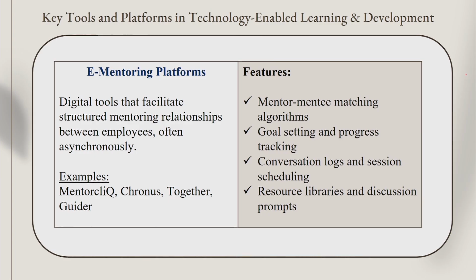You see features like mentor-mentee matching algorithms, goal setting and progress tracking, conversation logs and session scheduling, and even resource libraries and discussion prompts. Some typical examples of e-mentoring platforms are MentorClick, Chronus, Together, and Guider. These are some of the typical examples you can venture into as per your needs.